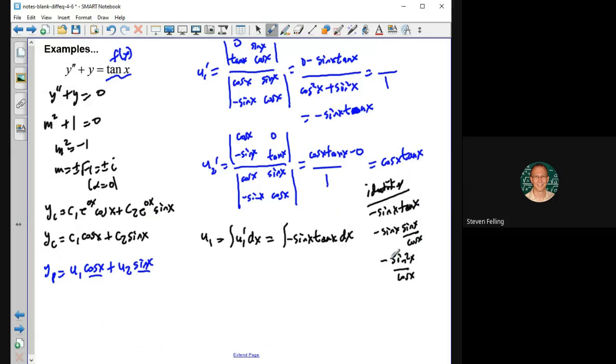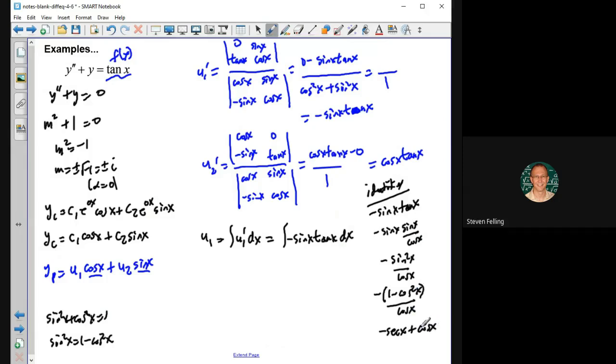And then I also know that sine squared x plus cosine squared of x equals 1, which means sine squared of x is really the same as 1 minus cosine squared of x. So I've got negative, 1 minus cosine squared of x, over cosine of x. And what that means is this would be negative 1 over cosine, which is negative secant x. Negative negative is plus cosine squared x over cosine x, which is cosine x.